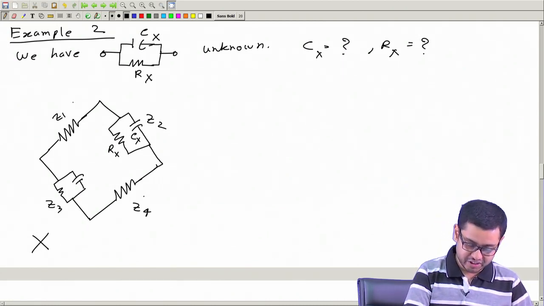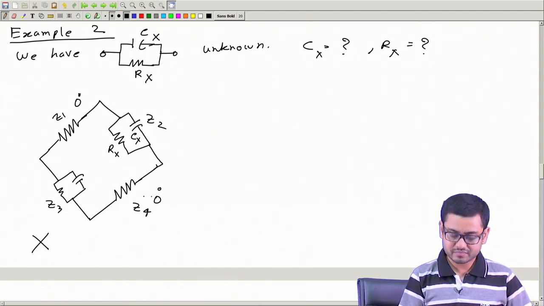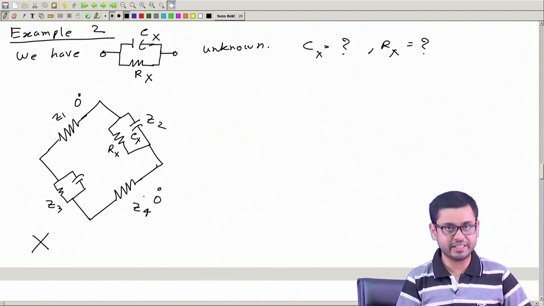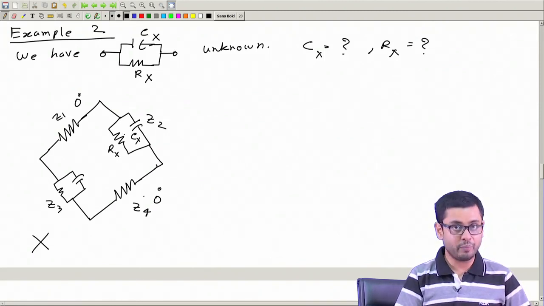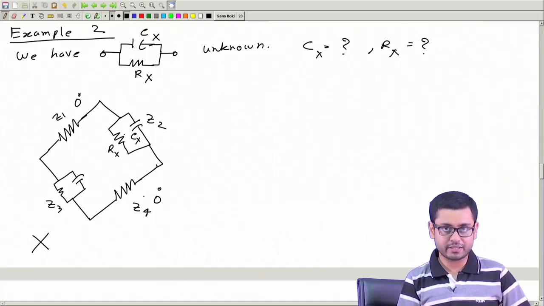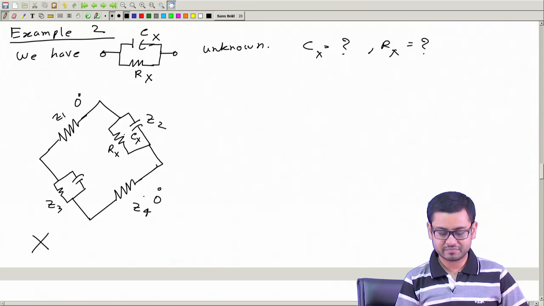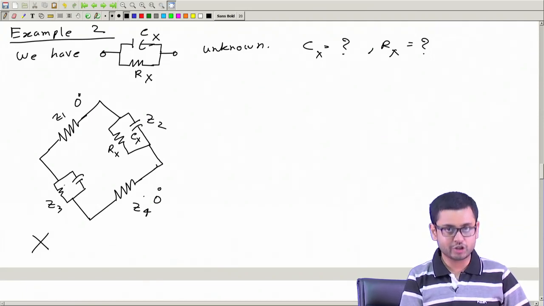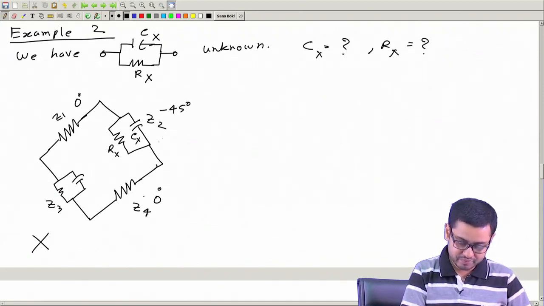Now, the angle here is 0 degree, the angle here is 0 degree. So, the sum of 0 degree and 0 degree is definitely 0 degree. The angle of this RC parallel combination impedance will be somewhere between 0 and minus 90. This will also be between 0 and minus 90, say around minus 45, we do not know.